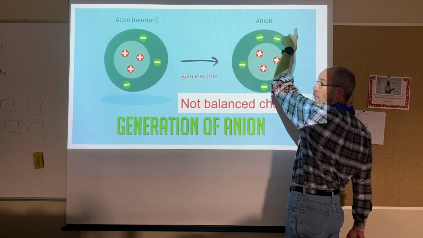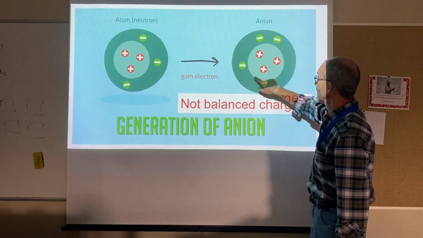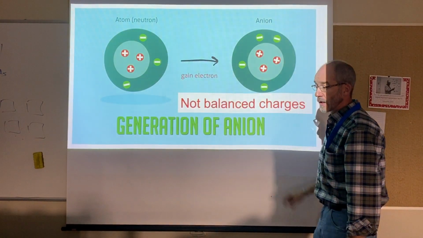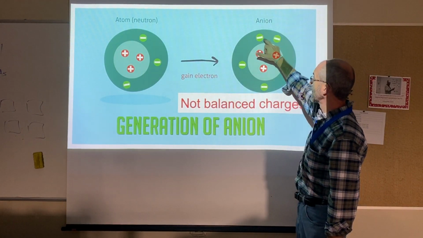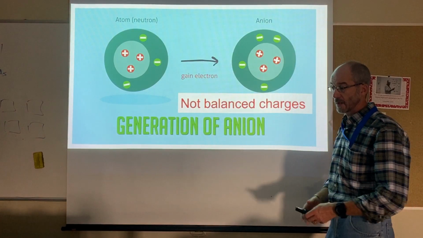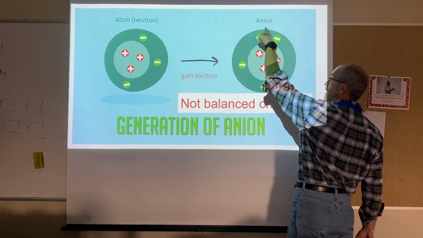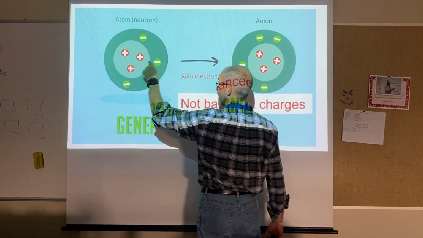So this one has an overall minus charge, but it has more minuses than it does positives. So now we have a charge imbalance. Not only do we have a charge imbalance, we also have the potential for more electron to electron repulsion. So the size of this anion in real life would be a little bigger than this one.